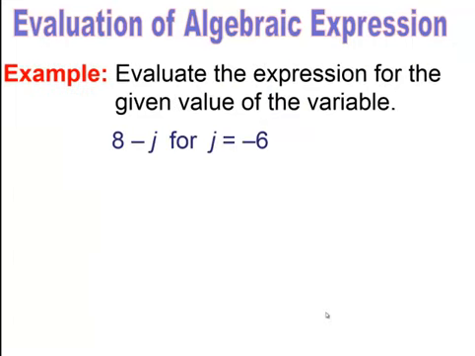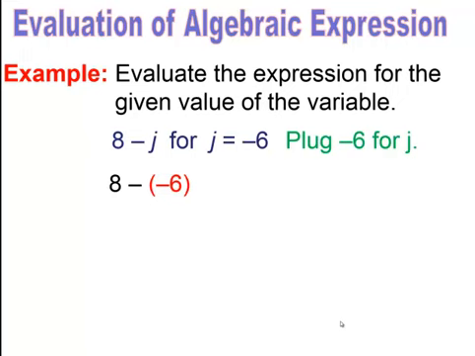So we want to evaluate the expression for the given value of the variable. So I have this expression 8 minus j, and it wants me to evaluate this expression where j would equal negative 6. So what you're going to do is take a negative 6 and replace the j with that negative 6.